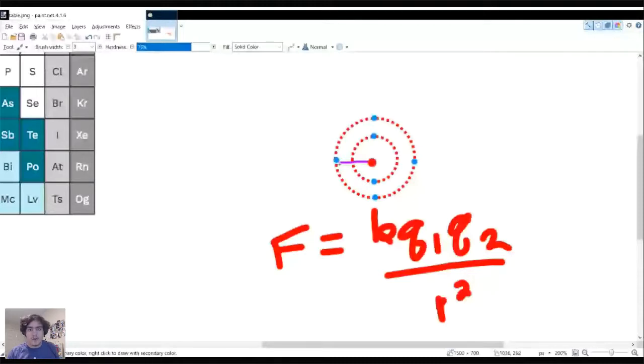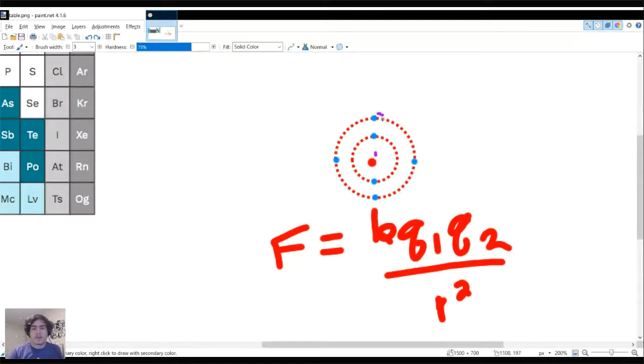So when we look at the attraction between this nucleus and this electron, there's another electron right here, right? And based off the equation here, do you guys think the electron between the two will have a stronger force, or do you think the interaction between the nucleus and the electron will be stronger?